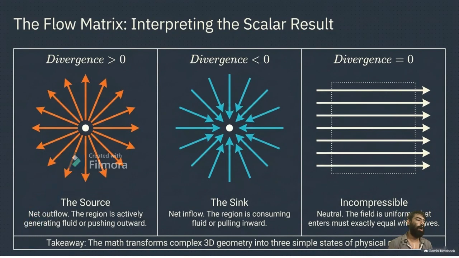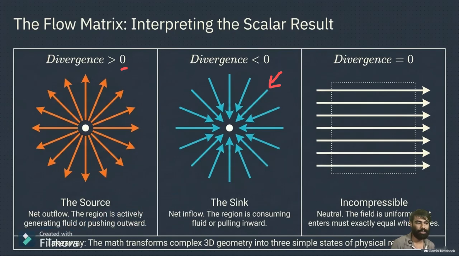Now, what does divergence mean? If the divergence gives you a positive value, that means if divergence is greater than 0, then it is a source. So the outflow is outward from the center. And if it is less than 0, then it is a sink. So the flow will be inward, inside the box actually.